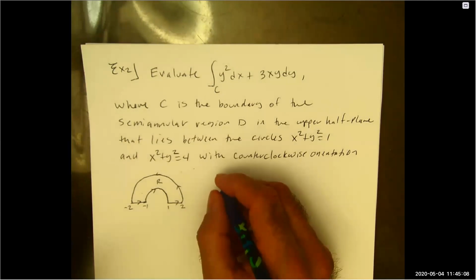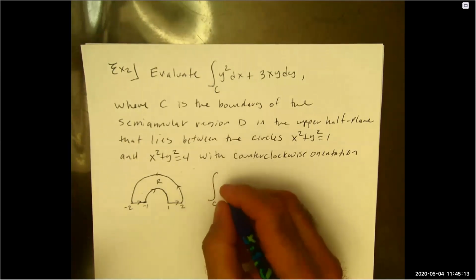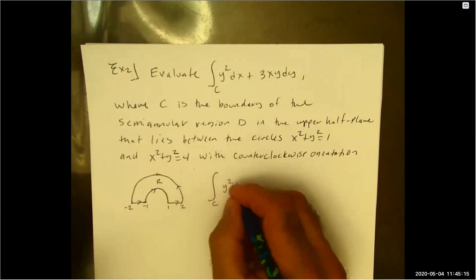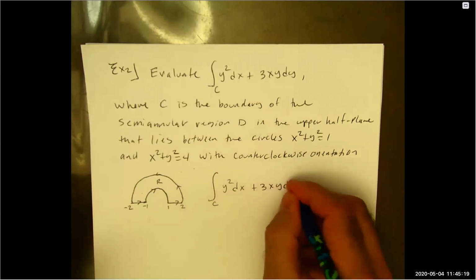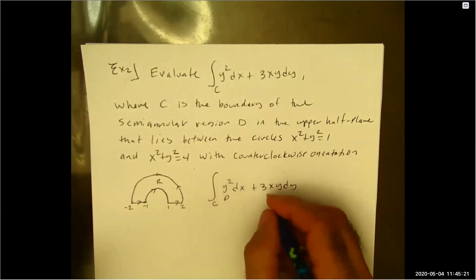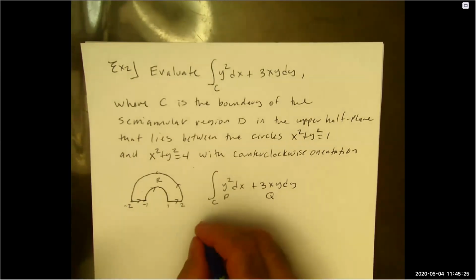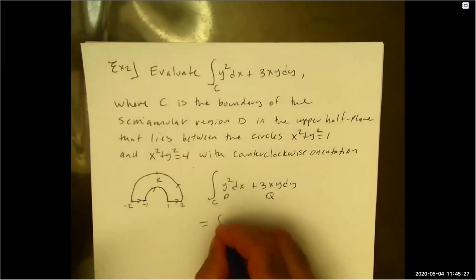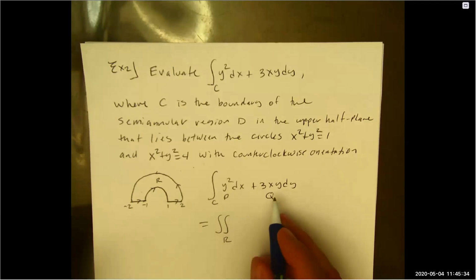All right, so the first thing we're going to do is look at the line integral over C of y squared dx plus 3xy dy. And so this is your P and this is your Q. When you use Green's theorem, you're going to get the double integral over R of Qx minus Py. So what would Qx be here?